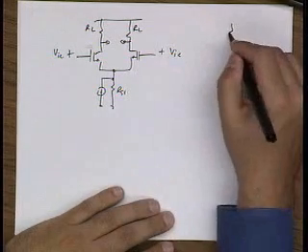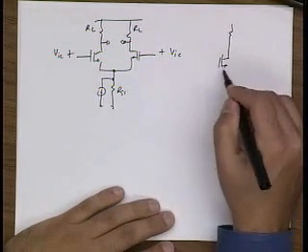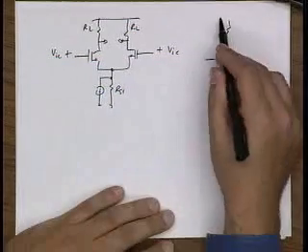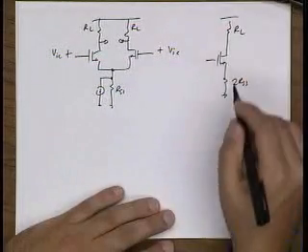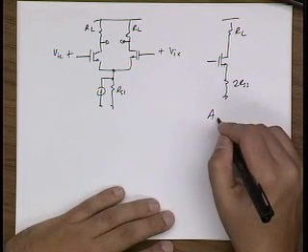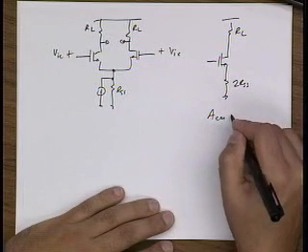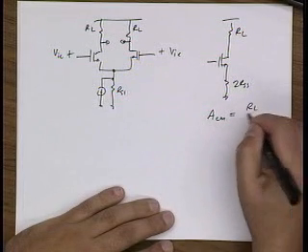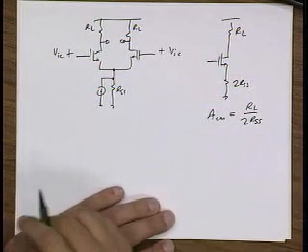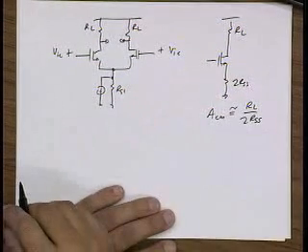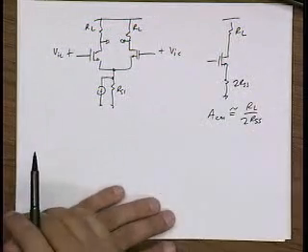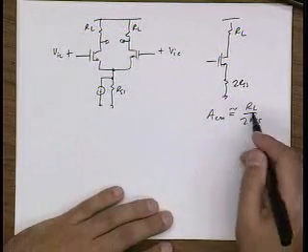Well, let's think of the equivalent half circuit, right? In the equivalent half circuit, I double this resistor, and this is RL, and the gain, which I call the common mode gain, is approximately RL over 2 RSS, right? Because if this is large enough, the GM of this transistor doesn't matter, and this is very small, right?